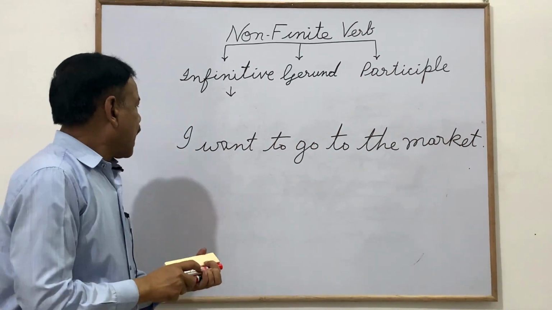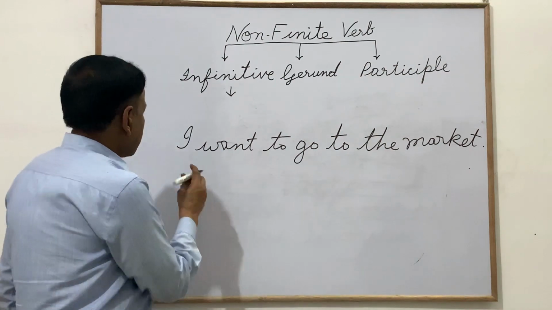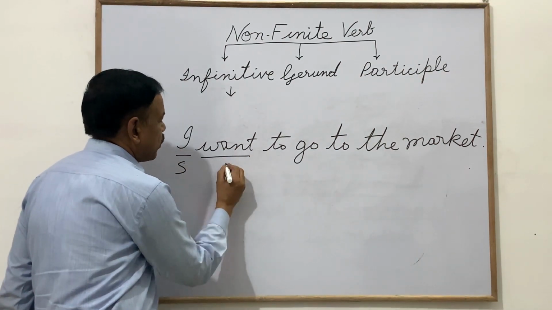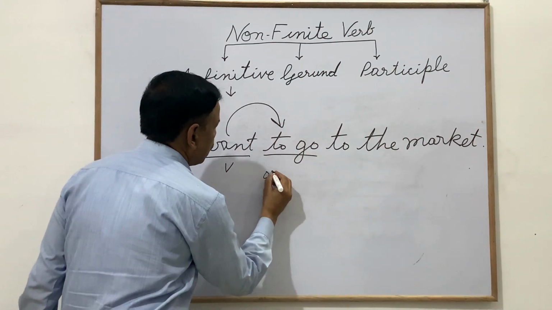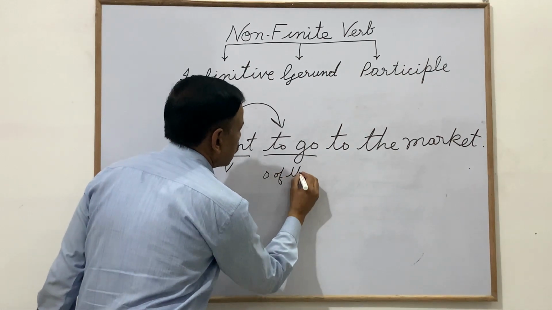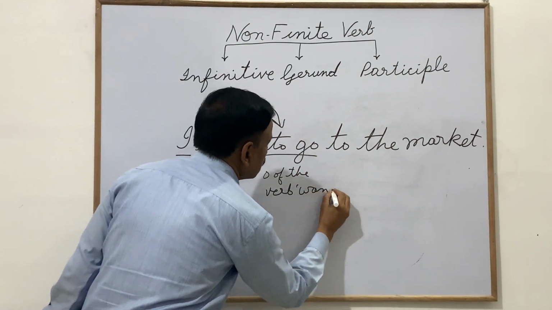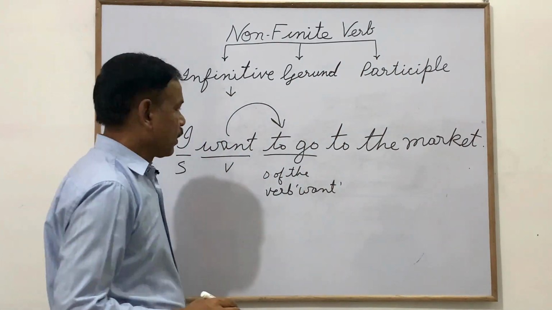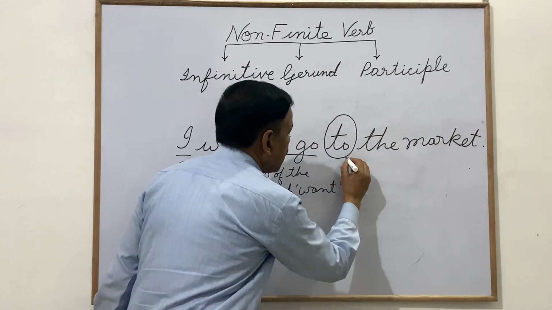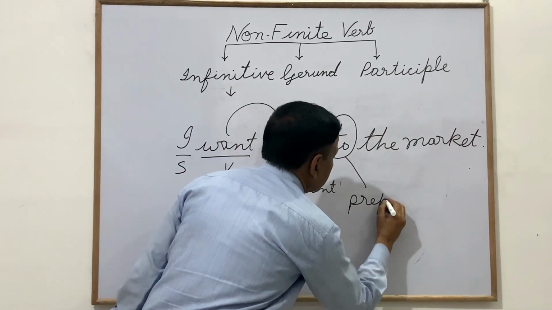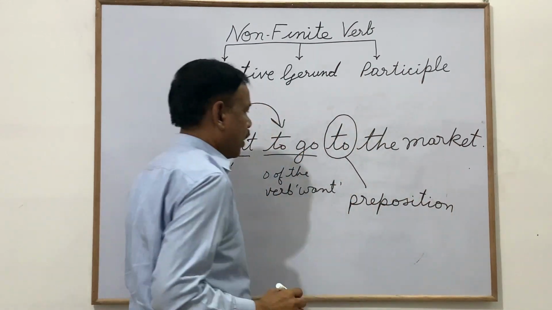Now here I am saying, "I want to go to the market." Now see, subject, want is the verb, and to go is the object of the verb want. Correct. Then, to the market. Now here this to is a preposition. How do we know?